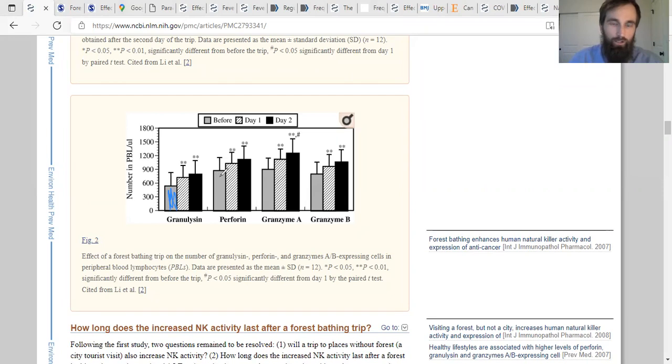The dark gray is the level before, meaning before they went and spent the 3 days in the forest. This second bar with the diagonal lines, that was day 1, and day 2 is the solid black bar.